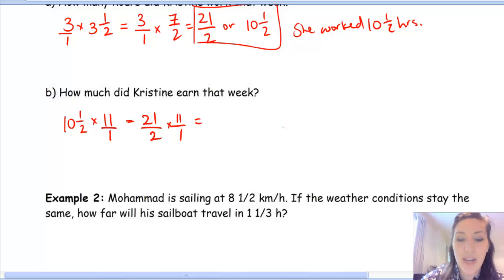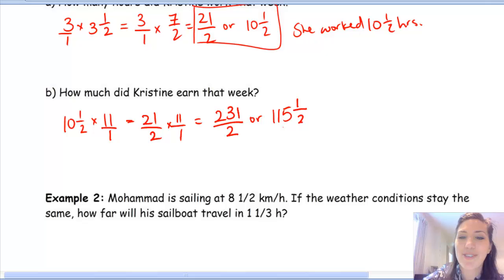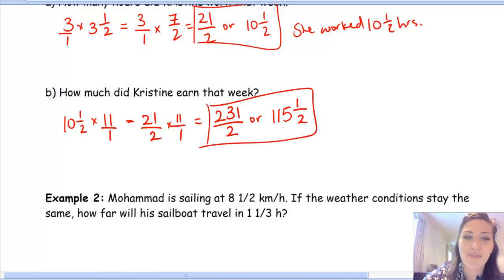So 21 times 11 is 231. 2 times 1 is 2. Or we could say this as a mixed number with 2 going into 231 115 times, 1 left over, keep the same denominator. So we could express this 115.5 in dollar form.